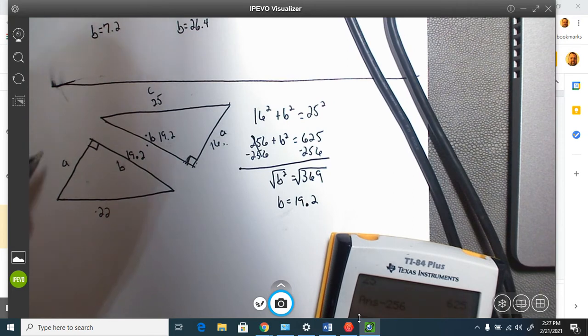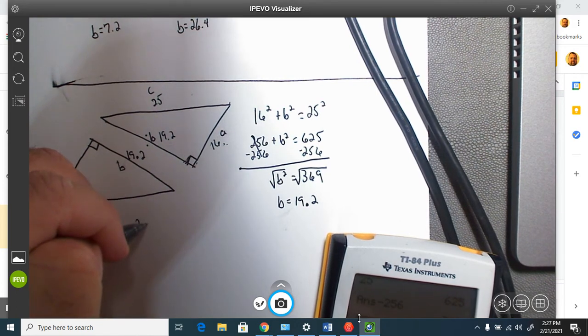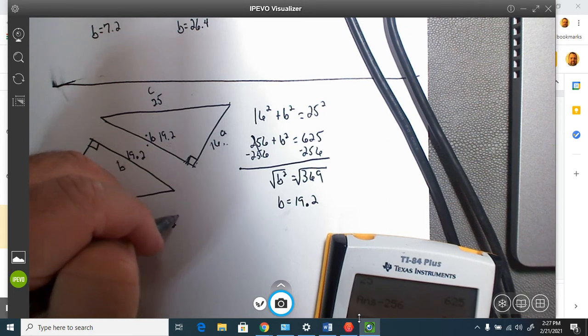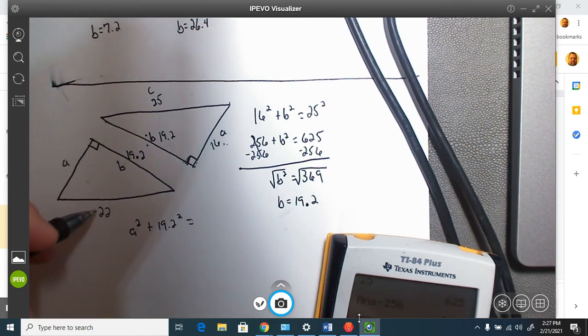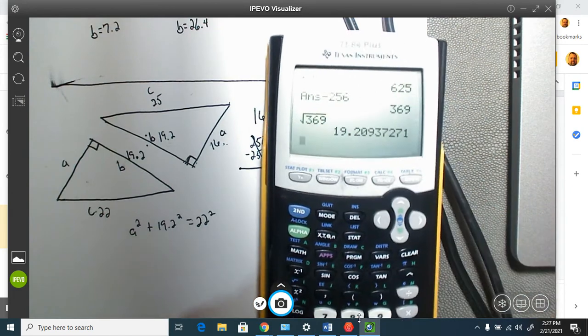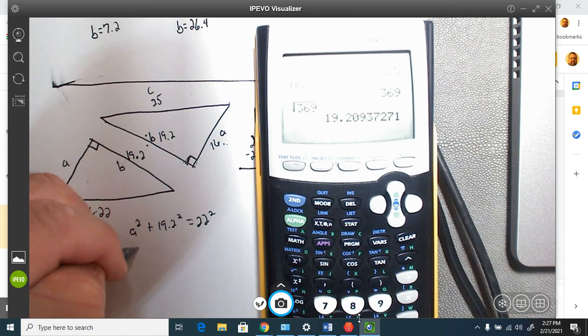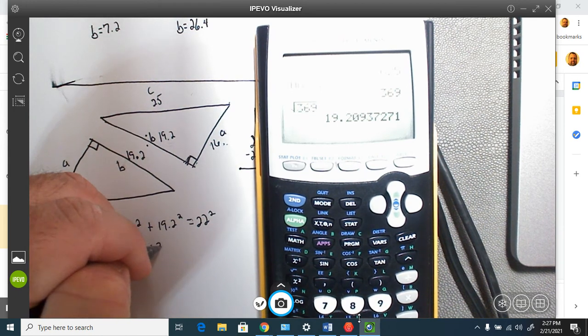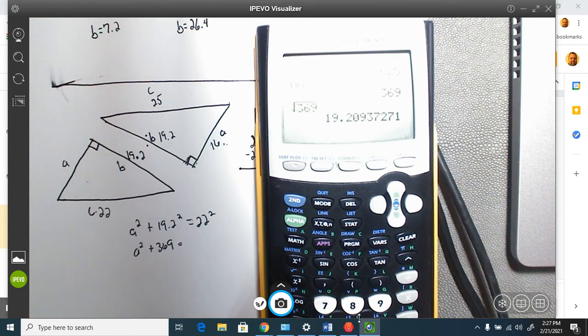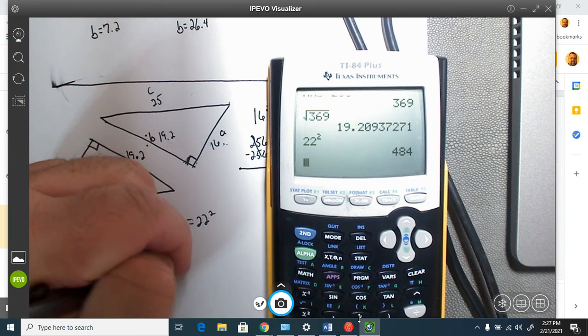So now I need to find A. I'm going to do the same thing here. I don't know what A is. I know B is 19.2. And then C, of course, the side that doesn't touch the square, is 22. So I've set up the Pythagorean theorem again. Now we just did the square root of 19.2. If I square that, I know it's 369. And then 22 squared is 484.